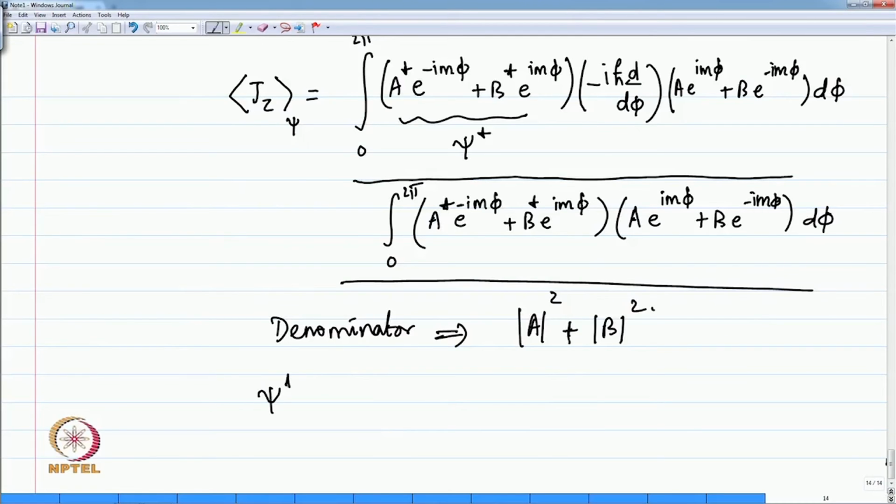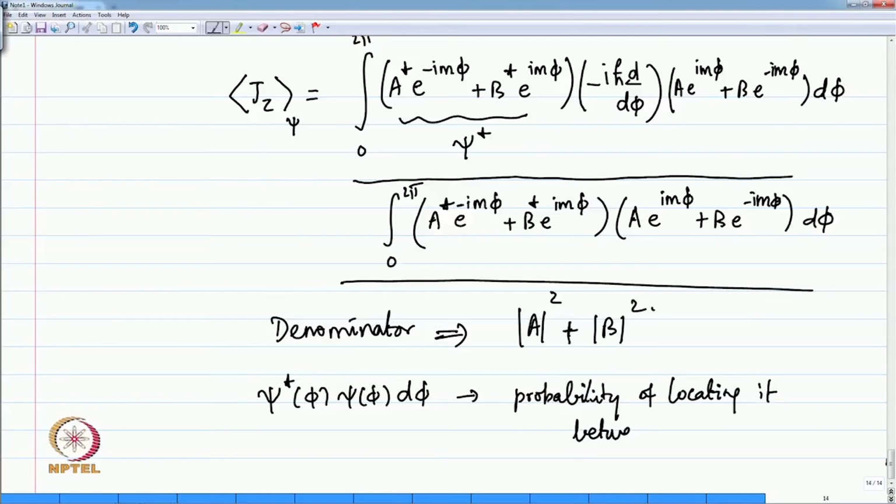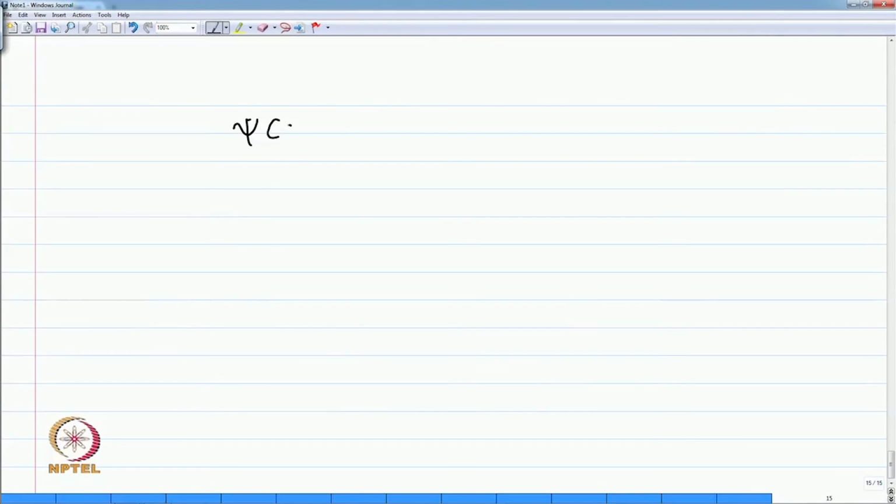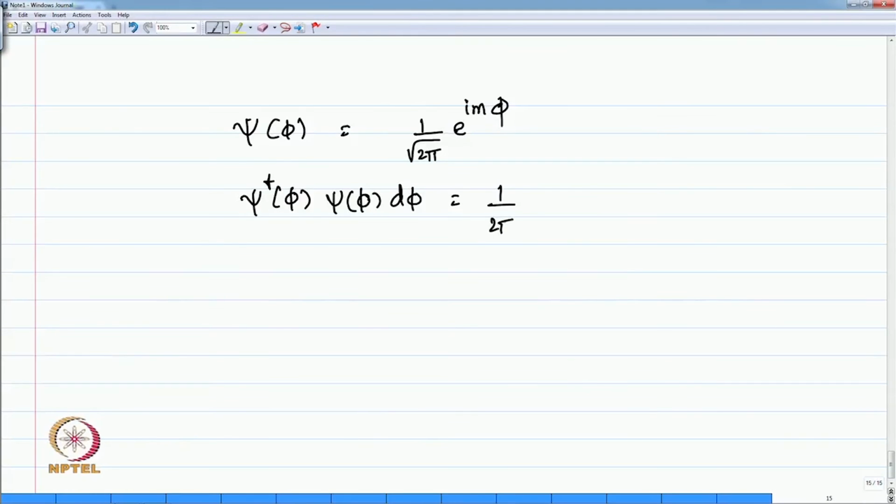If you say psi star psi d phi is the probability of locating the particle between phi and phi plus d phi, then you know that if the wave function psi of phi is 1 by root 2 pi e to the im phi, then psi star psi d phi is 1 by 2 pi d phi, because the exponentials cancel each other.